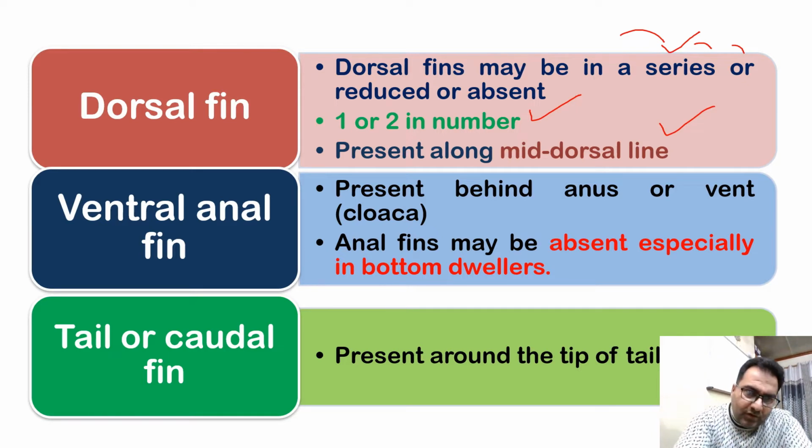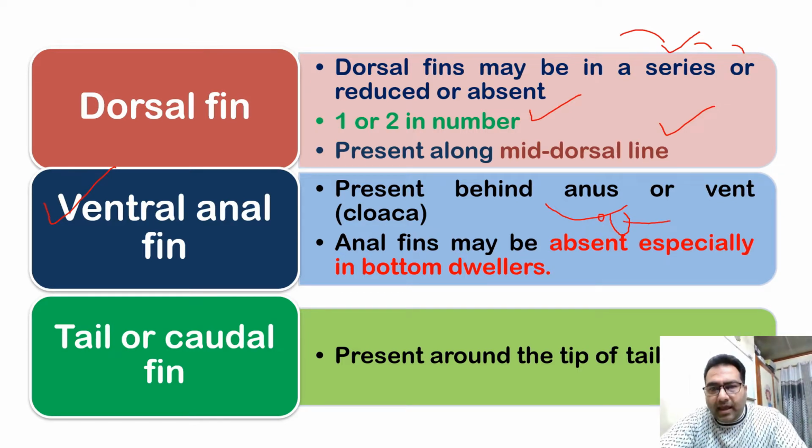Now talking about the ventral anal fin, it is present behind the anus or vent or cloaca. If this is the belly of the fish and this is the anus or cloaca, the fin just behind the anal portion we call the anal fin.